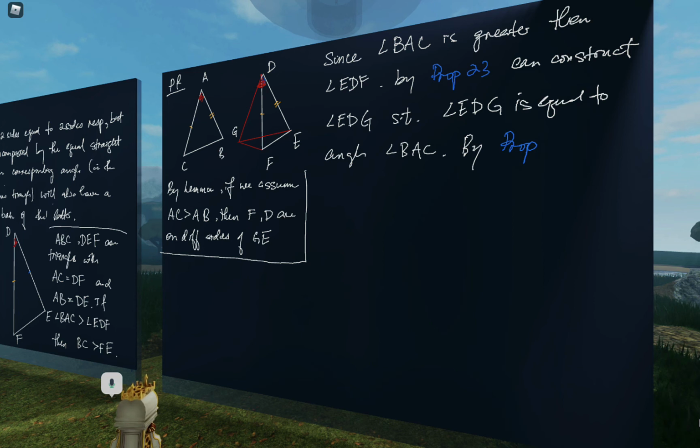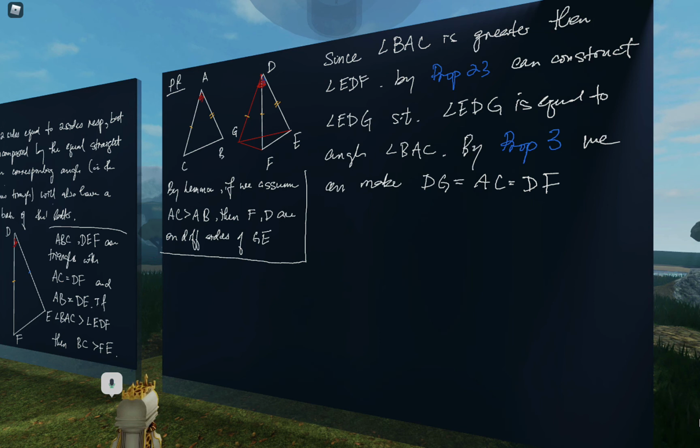I guess we're doing this construction all at the same time. So by proposition 3, we can make, this is certainly not Euclid's words, DG equal to AC equal to DF, right? So then I'll put a little line here. These are all the same, right?